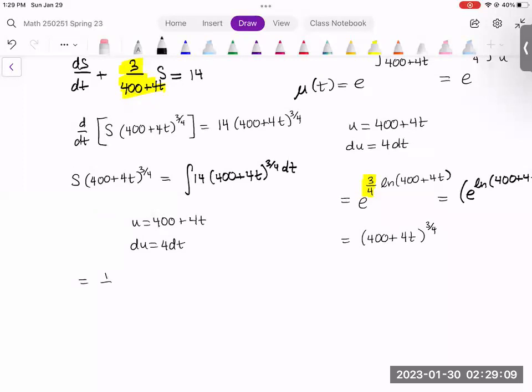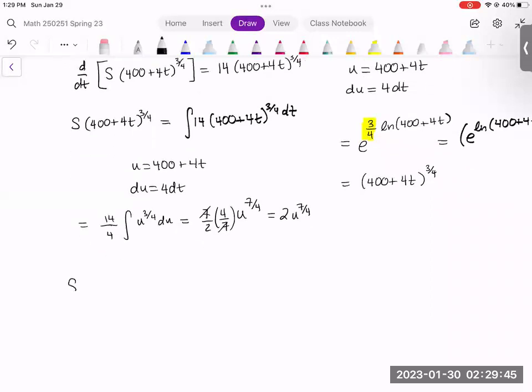So we end up with 14 over 4 times this integral of u to the 3/4 du. We integrate this by adding 1. So that was 7/2 times u to the 7/4, and we want to divide by 7/4, or i.e. multiply by 4/7. Our 7s cancel out, and we're left with 2 u to the 7/4.